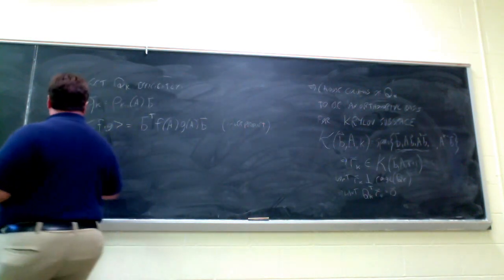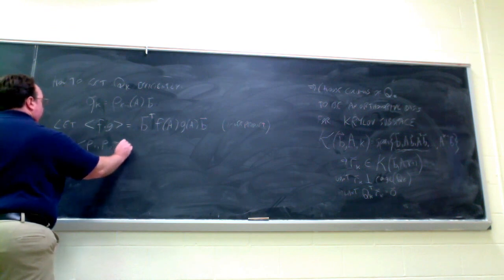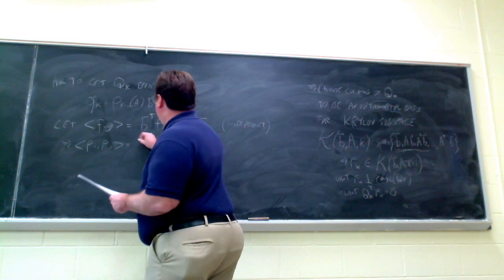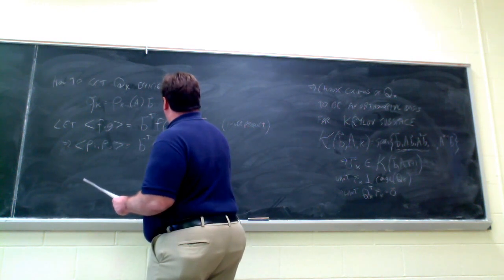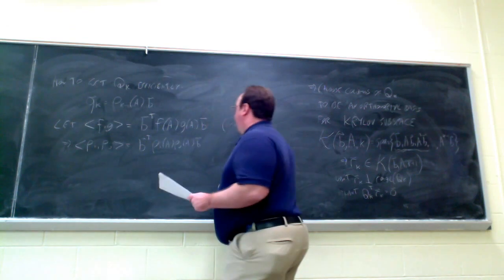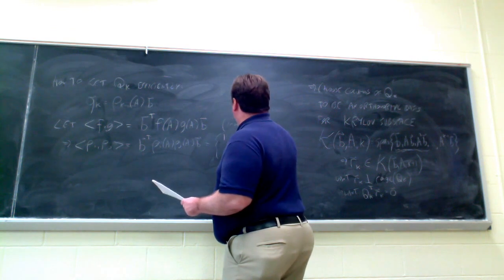So I want these polynomials to be orthonormal. So this would be b transpose p_i of A, p_j of A, b, equal to 1 if i is equal to j, and 0 otherwise.